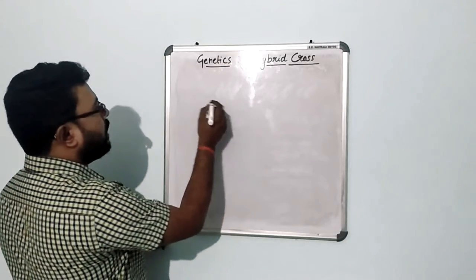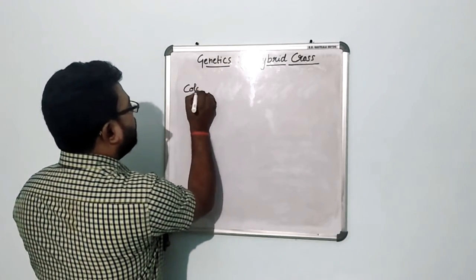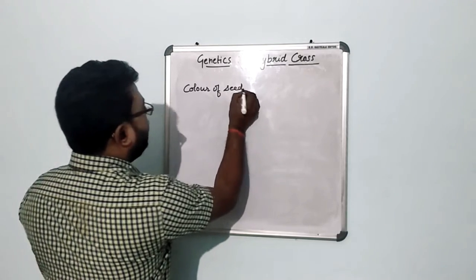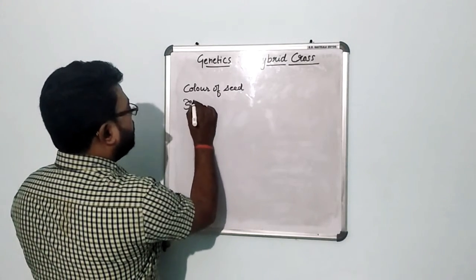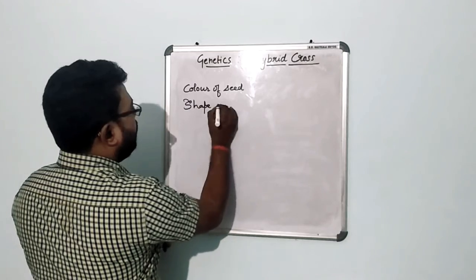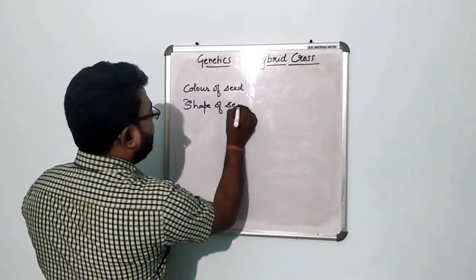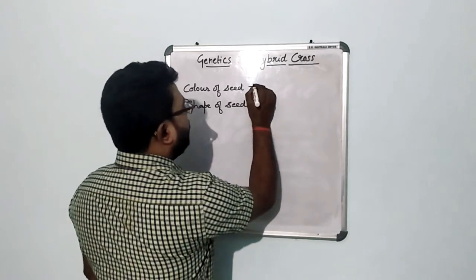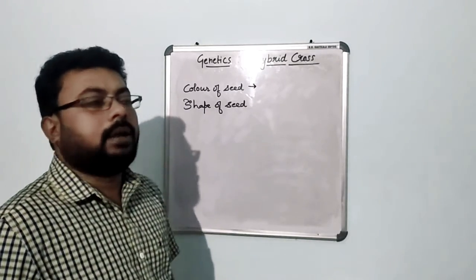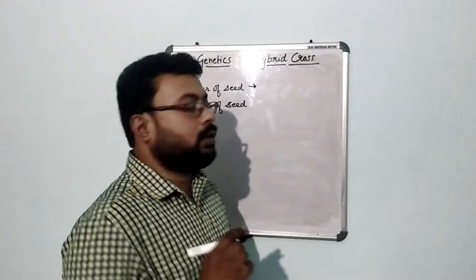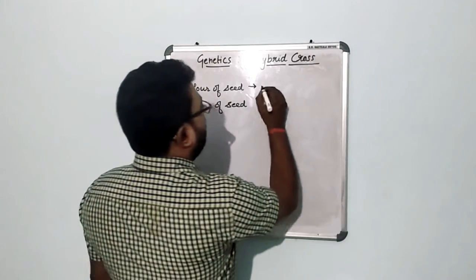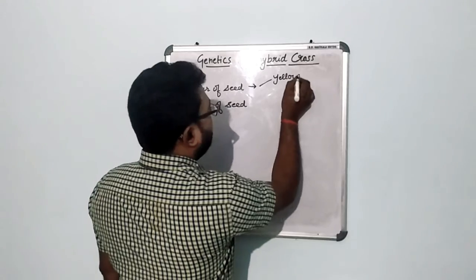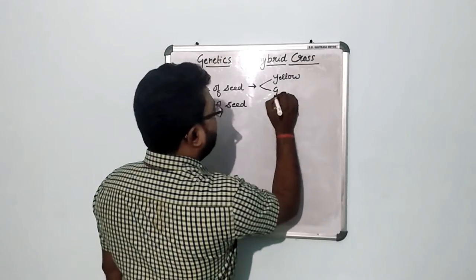Now what were these two characters? One was the color of the seed, and the other was the shape of the seed. Now when we talk about the color of the seed, there were two colors of seeds found: one was yellow and the other was green.